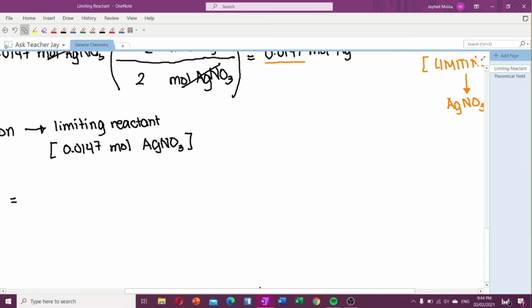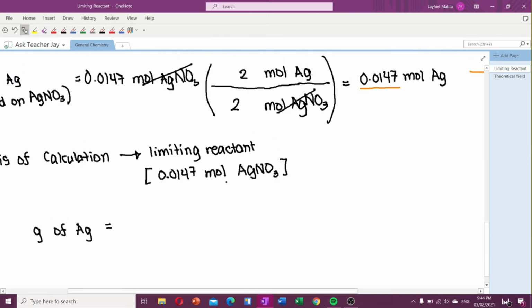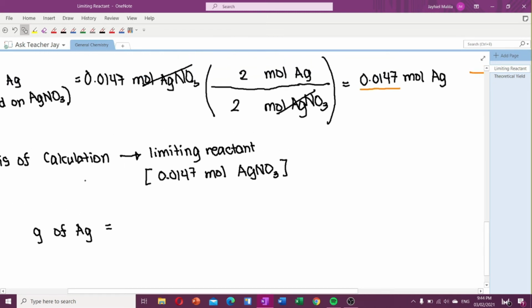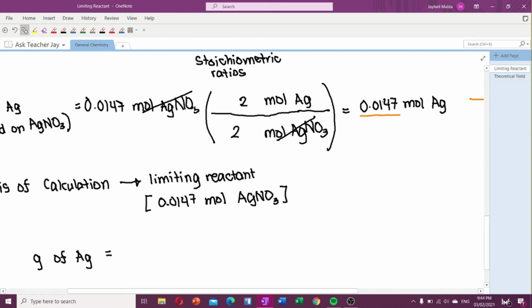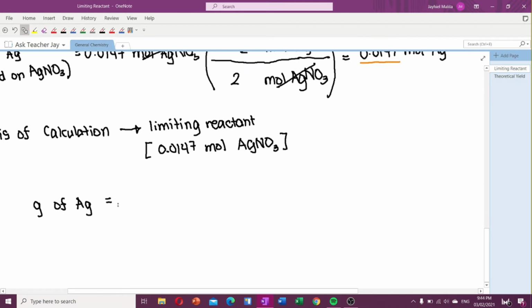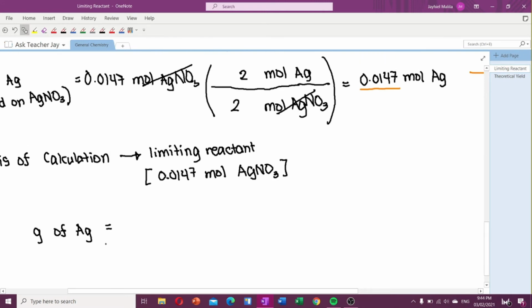So we just base everything on the limiting reactant, right? So I can just immediately write it here, the 0.0147. But I really want to follow the process of calculating so that you will not get lost. So for the purposes of formality, we have to start first with the value of your limiting reactant because that will be our basis of calculation.